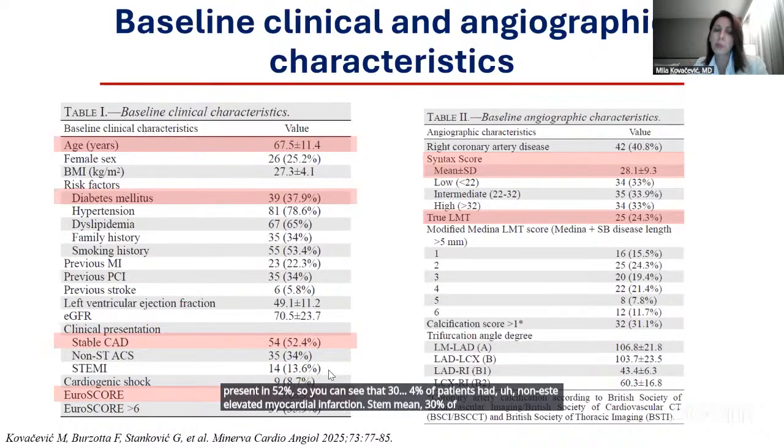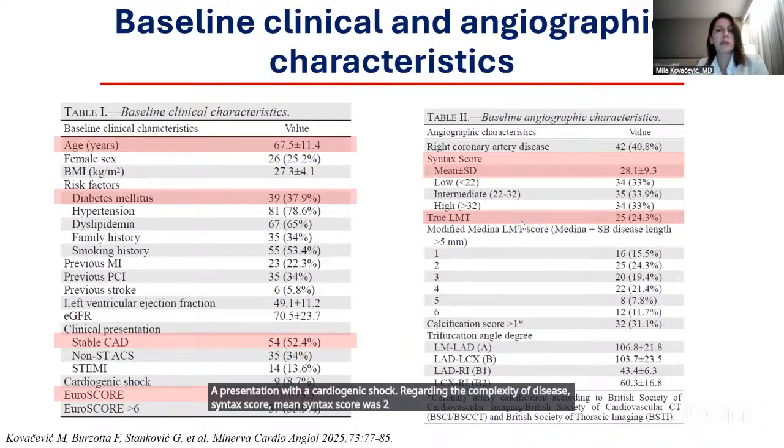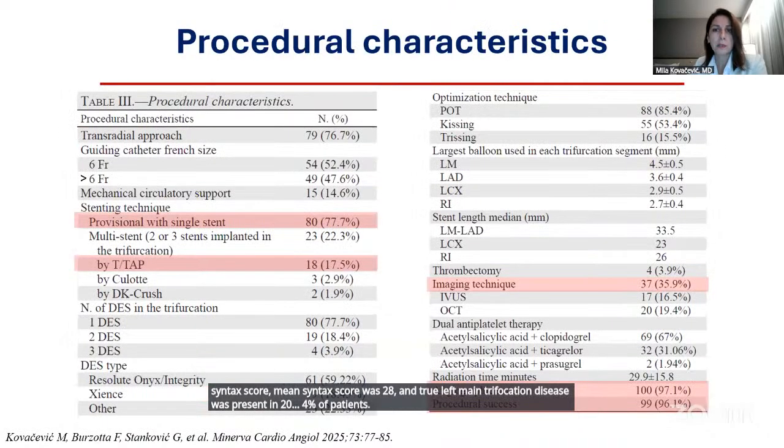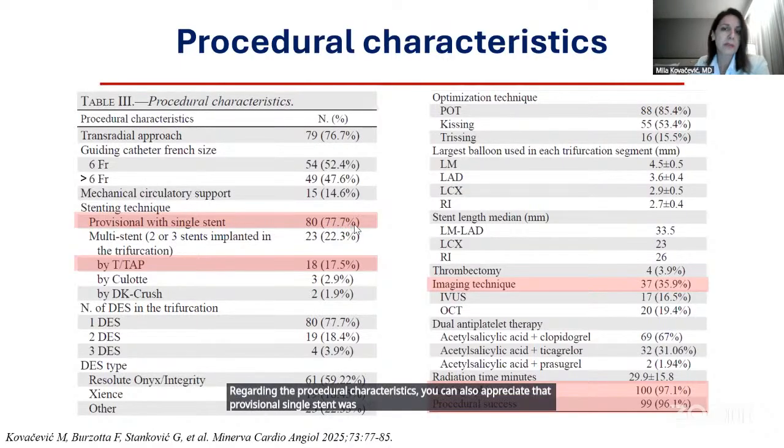Also, 9% of patients presented with cardiogenic shock. Regarding the complexity of disease, the mean SYNTAX score was 28, and true left main trifurcation disease was present in 24% of patients. Regarding procedural characteristics, provisional single stent was used in 77% of patients, and T or TAP technique was used in 17%.